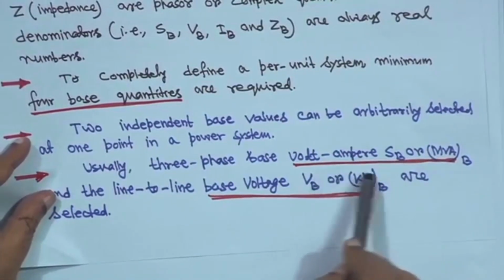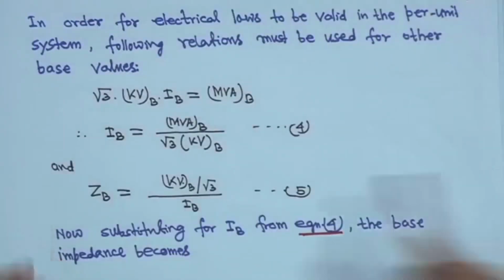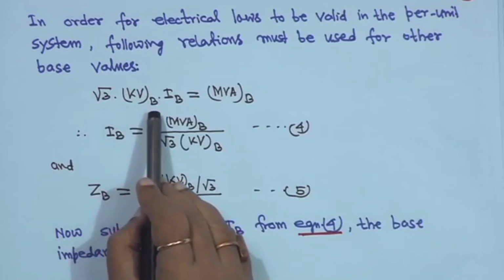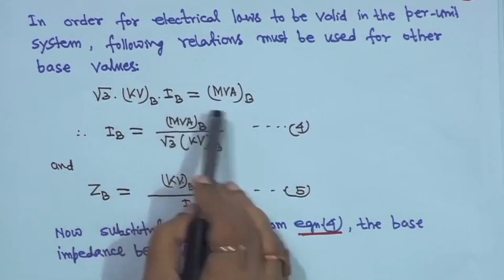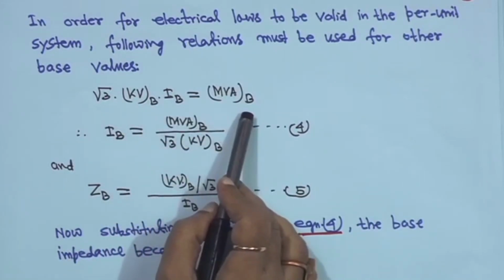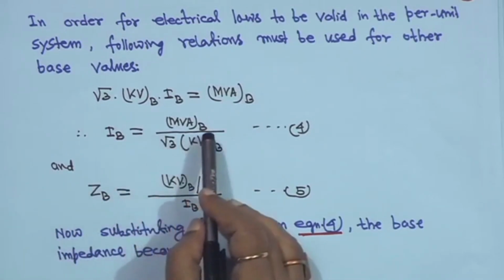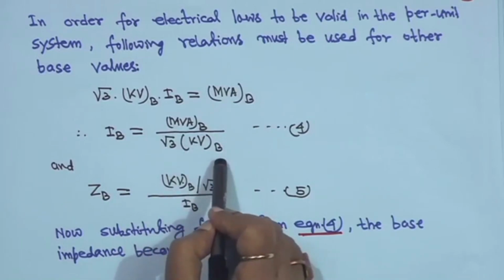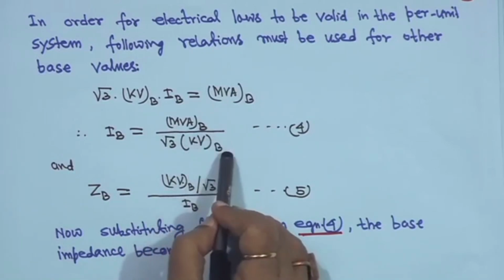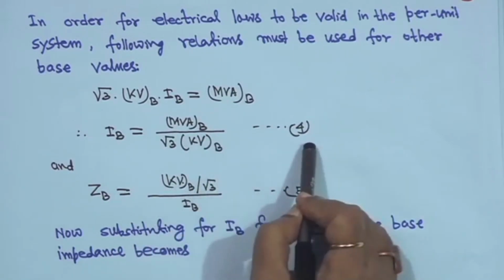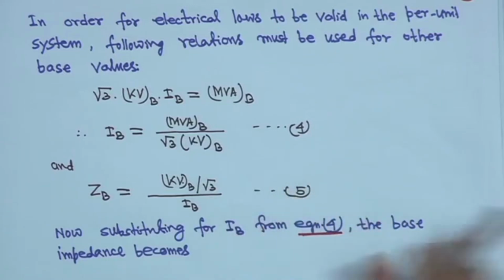That means root 3 into kV base into current I_B base is equal to MVA base, right. That is I_B, the base current, you can calculate as MVA base divided by root 3 into kV base. Suffix B everywhere is used for base. This is equation 4, right.